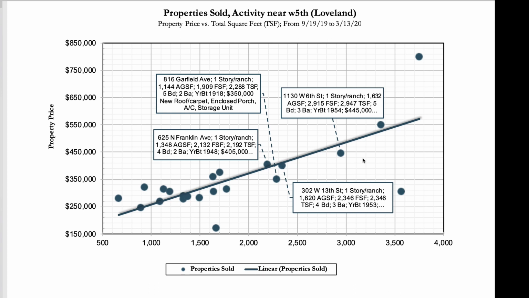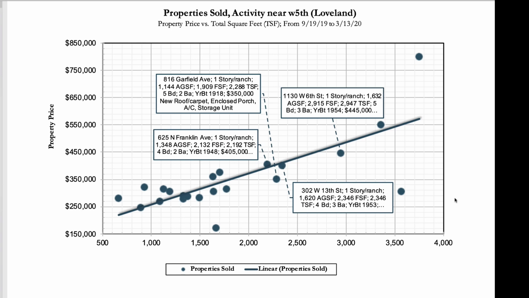And of course, as we mentioned, there's a strong correlation between price and size. The last thing we like to look at is special features and condition. Special features are the things that make these dots move way above the line, and condition is what makes some of these dots move way below the line.